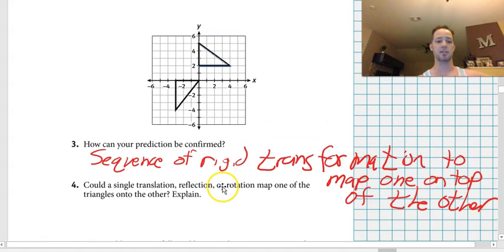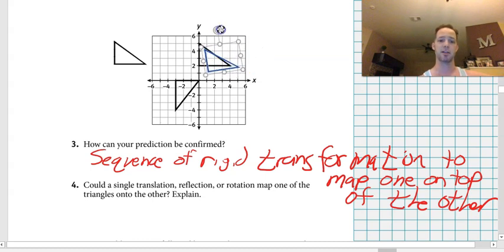Next question says, is there a single translation, reflection, or rotation to map one of the triangles onto the other? Now, the book here actually says no, because the common sense thing might be that we would rotate this first and then translate. Might be an easy one.